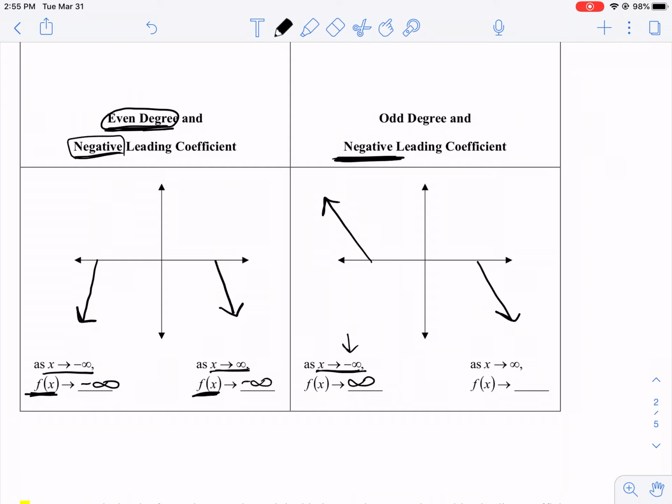Well, one negative makes a negative if you think about multiplying. So negative leading coefficient. As x approaches infinity, that means as you look to the right, your y value is going toward negative infinity. Okay? And you're going to want to know those four outcomes for your tails.